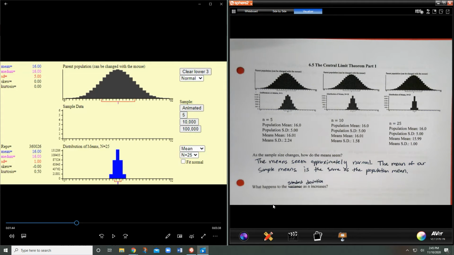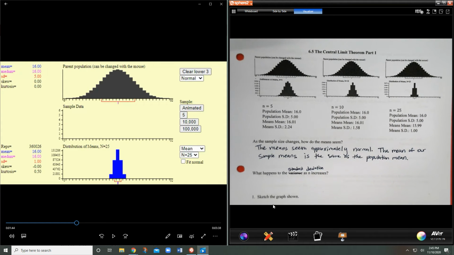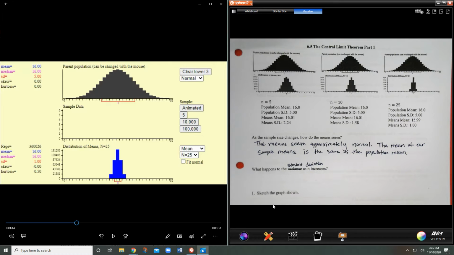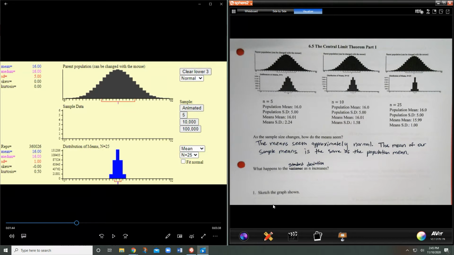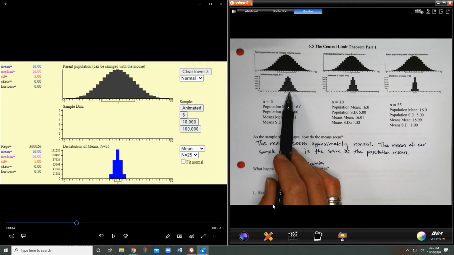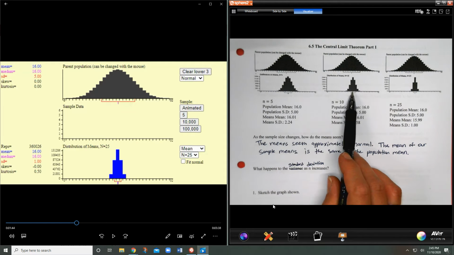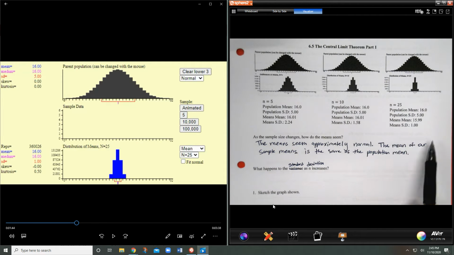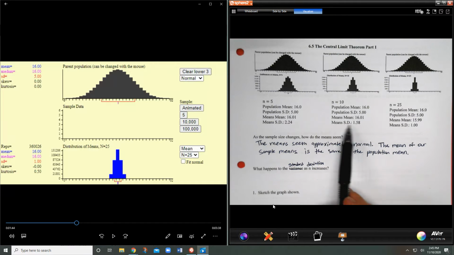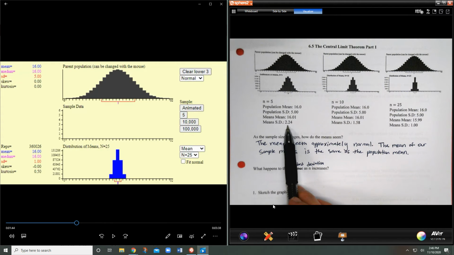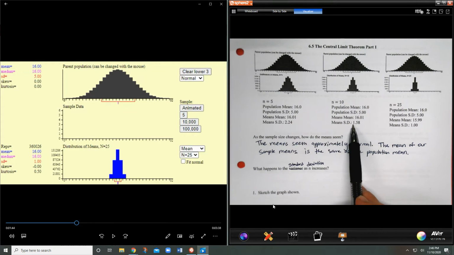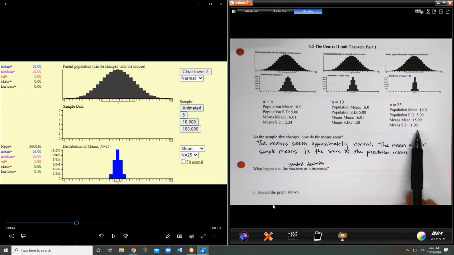So what happens to the standard deviation as n increases? Remember, standard deviation is how spread out our data is. As you notice here, our data was slightly spread. It gets less and even less spread. Our standard deviation was 2.24 here, 1.58, and then 1.00.